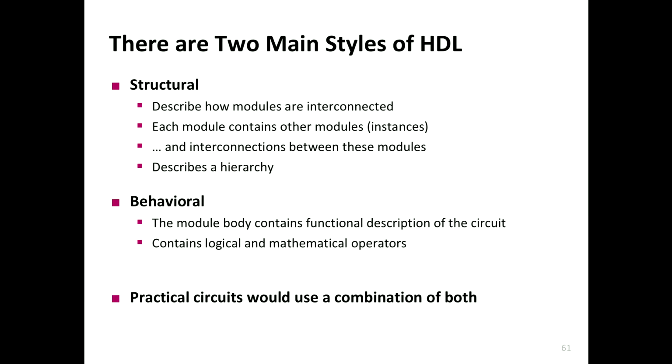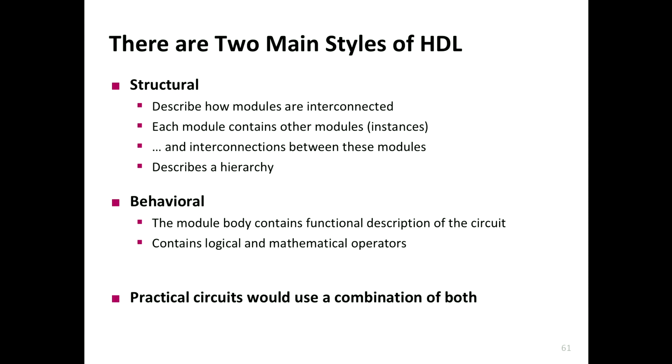So there are two main types or main styles of writing hardware description languages. One is the structural type, and the other is behavioral. In a structural, what you're going to say is, you know how the circuit looks. You know the gate level circuitry, you know how to connect which gate to which gate, or how each module is going to be connected with other modules. So you straight away represent the circuit in a structural format.